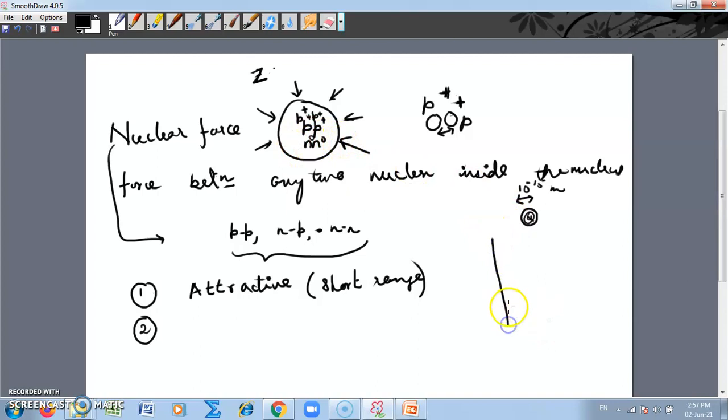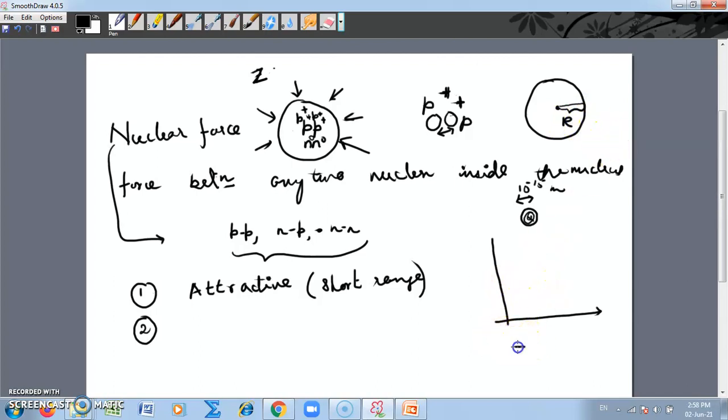So if I draw a graph like this, between the force and the distance from the center of the nucleus. Suppose this is the nucleus, this is the center of the nucleus, and suppose this distance is R, which is the radius of the nucleus.